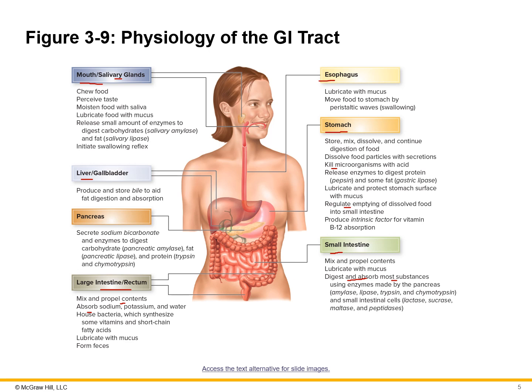So of course, we talked about the hepatic portal that takes those nutrients first to the liver that kind of processes them. This is going to produce and store bile that helps particularly with fat digestion and absorption. And then the pancreas secretes sodium bicarbonate. That's going to offset the acid in the stomach. It also has a lot of different enzymes that are in there to digest carbohydrates and proteins.